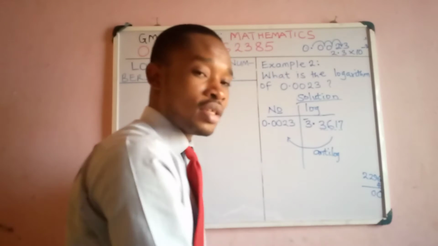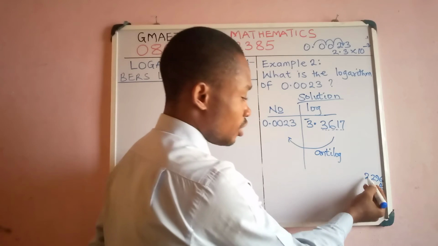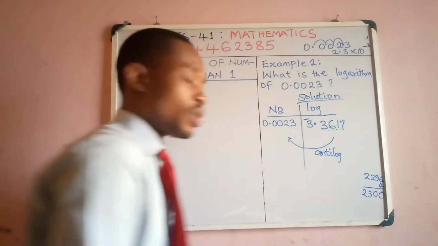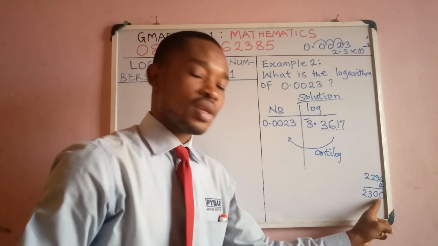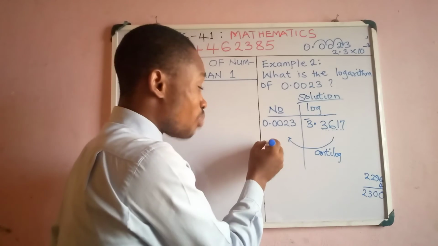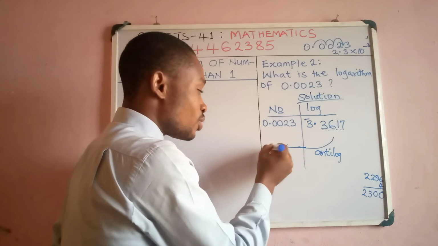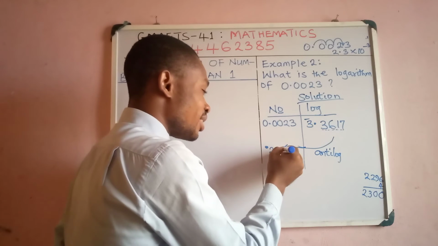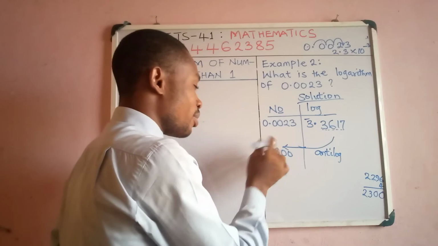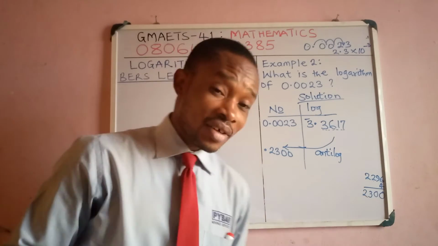Write 0, carry another 1, add the 1 to this 2. You get 3. Then you bring down this 2. So you see you're having 2300. You come here and then you write it. This thing is point 2300. Okay, 0.2300. That's what you actually got from your Antilog table.